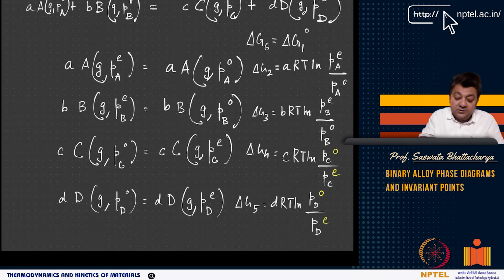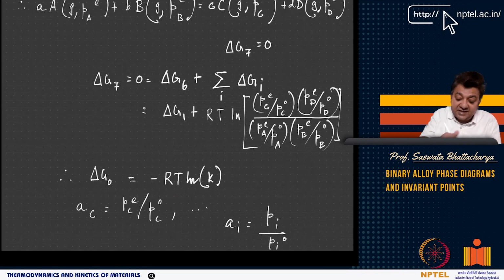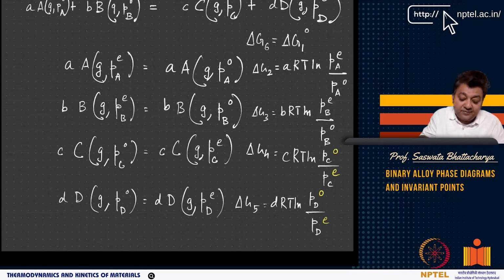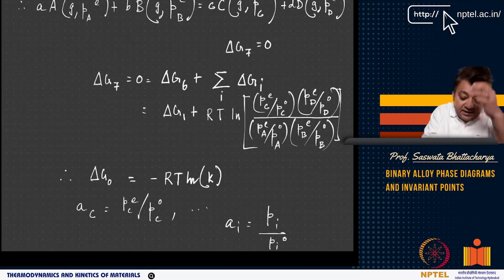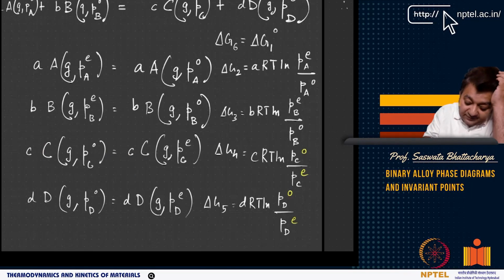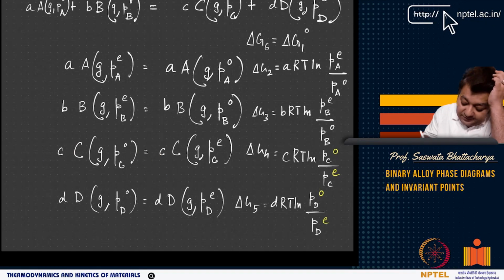If that is so, you have all these reactions, you can just add them up. If you add them up, what you basically get is A plus B. Now, you have equilibrium here, you have equilibrium here, and you have the opposite here. You also have PA naught, PB naught here, and here also you have PA naught, PB naught. So these will cancel.